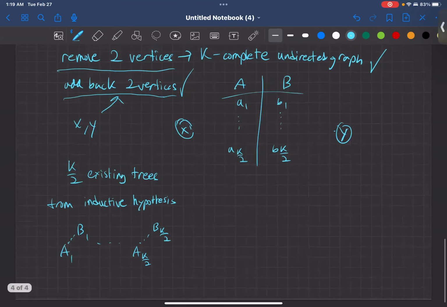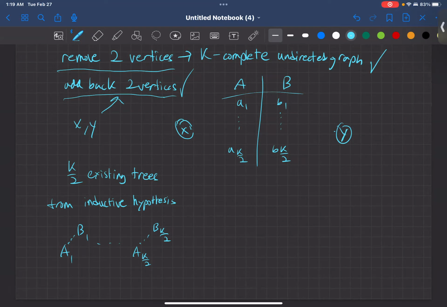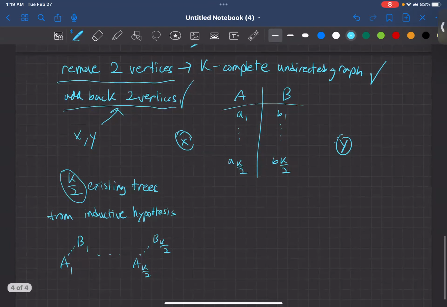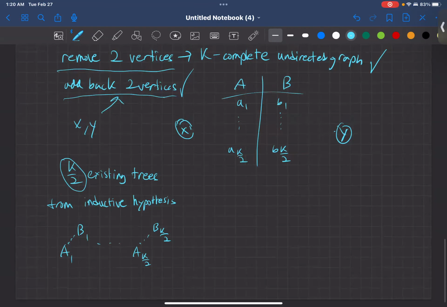Now we want to add these two vertices to our existing k divided by 2 spanning trees from our inductive hypothesis.